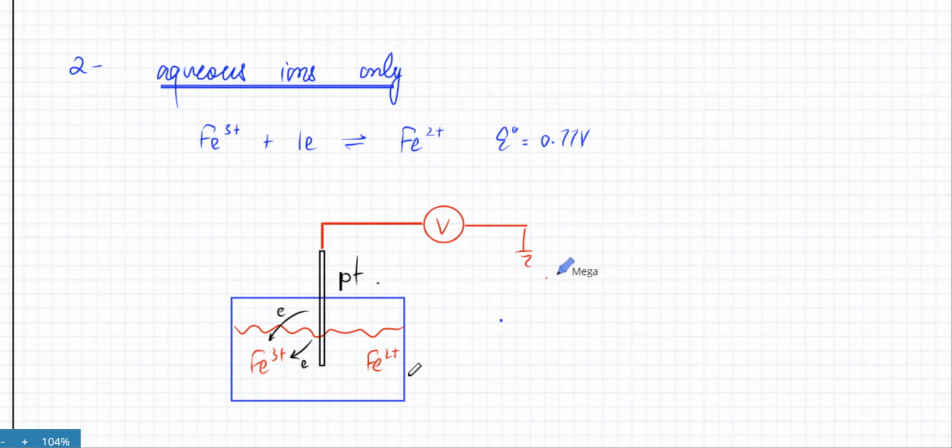Fe2+ could gain electrons as well. But let's assume that you have a billion ions each of Fe3+ and Fe2+. At the end of the day, because you have so many ions, the dominant equilibrium would be between the two. Do you get my point?